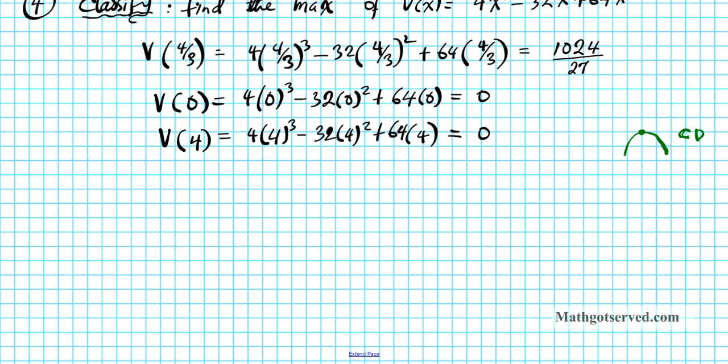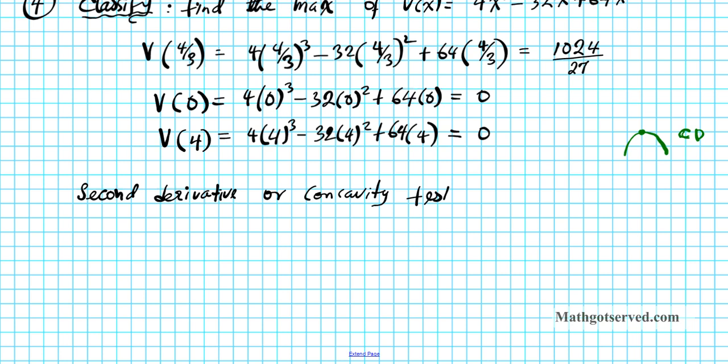All right, so what I'm going to do is basically evaluate the second derivative at 4/3. If it is negative, that means the function is concave down. That confirms that this point is a maximum, okay? So we're going to use the second derivative test. You can call it second derivative or concavity test, okay?